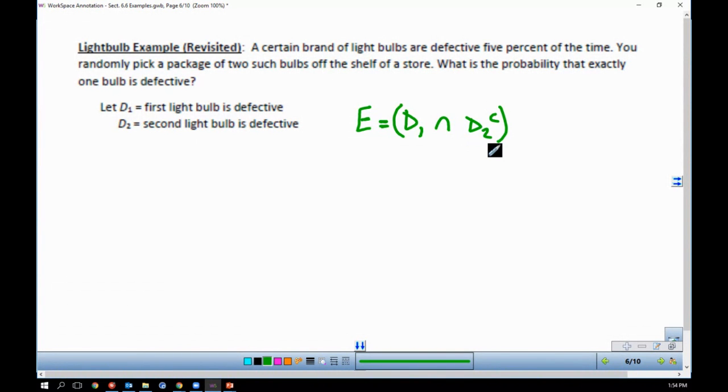No. Or I could have the first one not defective and the second one defective. So the first one doesn't have to be defective on that second option, that's right. So the first option, the first one's defective, but the second one's not. And then we flip it. And the seeming complement, right? Yes.